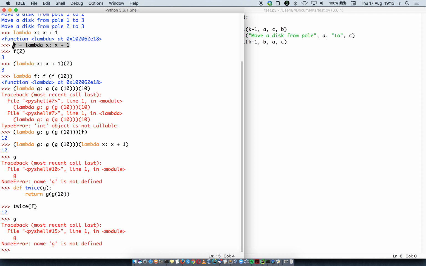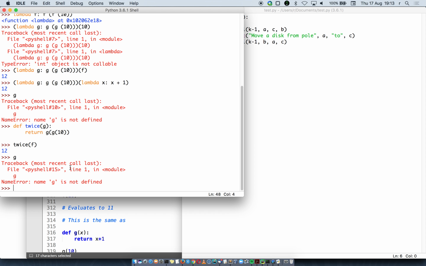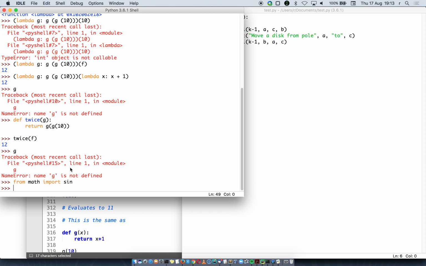Does this make sense? Okay. So the important thing is that a function is just an object. It can become the argument to another function. And every function in Python has this property. For instance, let's take the sine function, and let's get pi as well, because I don't like to write 3.14.